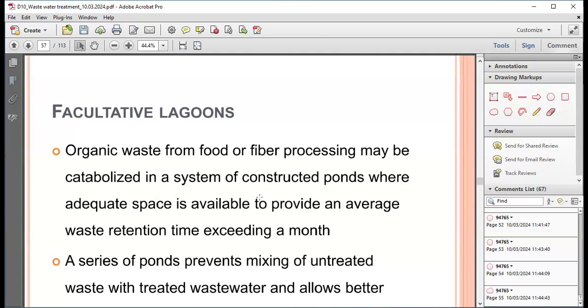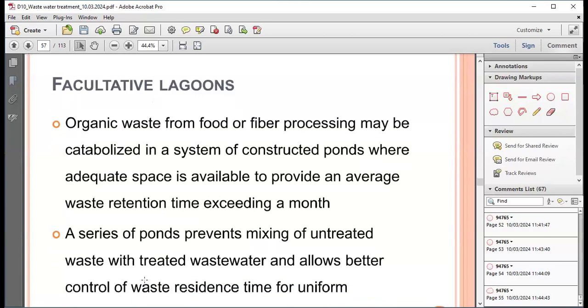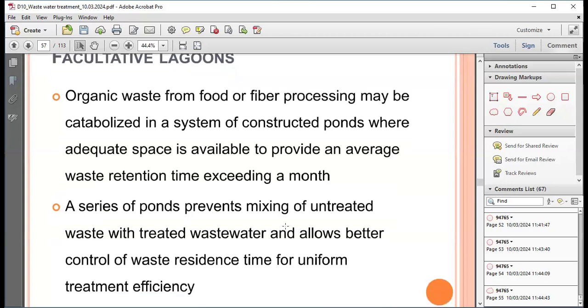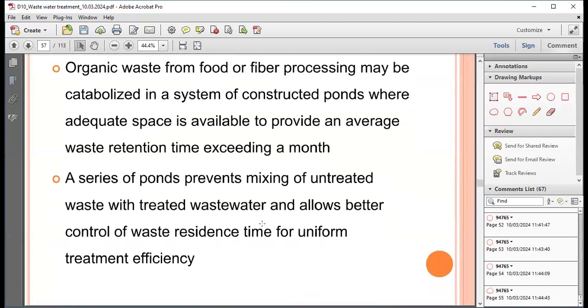Catabolized means broken down. I already explained the meaning of retention time and detention time. A series of ponds prevents mixing of untreated waste with treated wastewater and allows better control of waste residence time and uniform treatment efficiency.